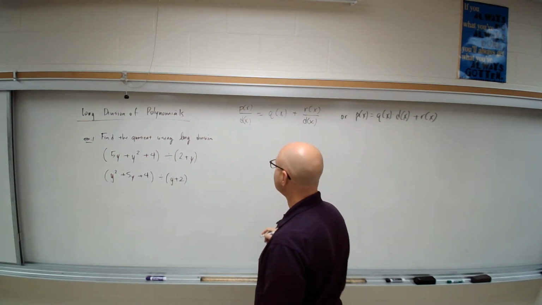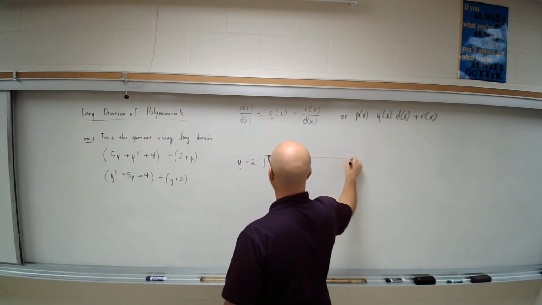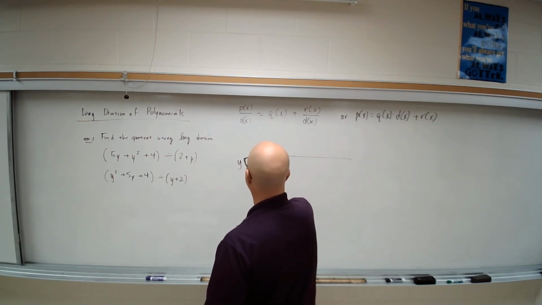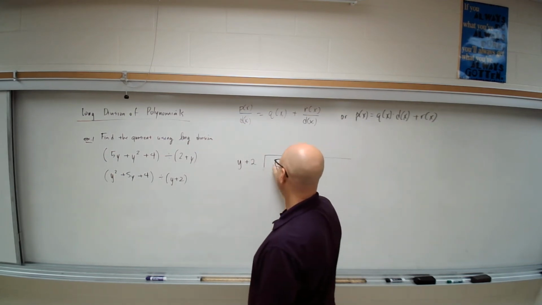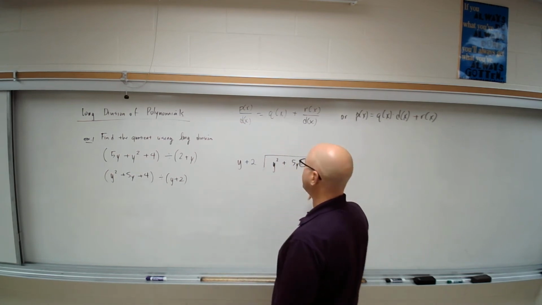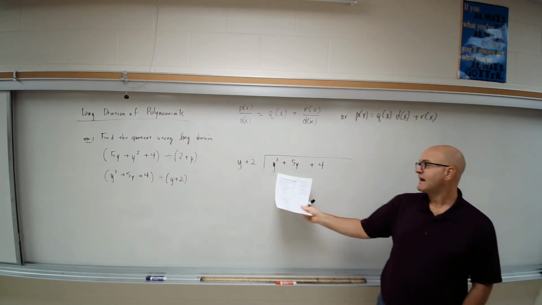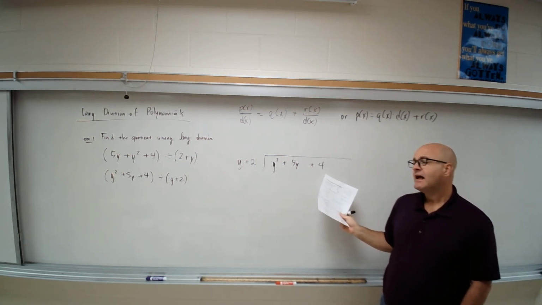So to do this, we'll put our y plus 2 on the outside of the division symbol. And then inside will be y squared plus 5y plus 4. Notice here that we go second degree, first degree, constant.